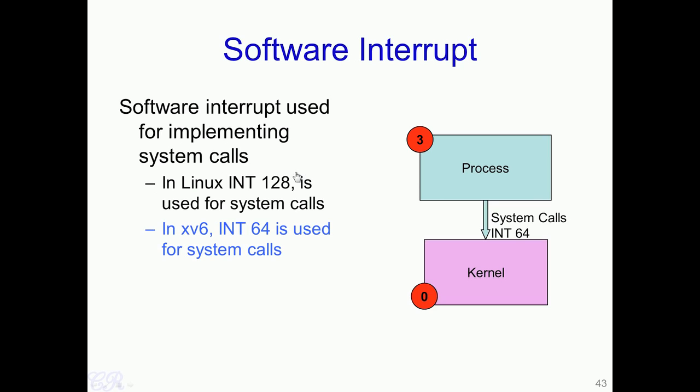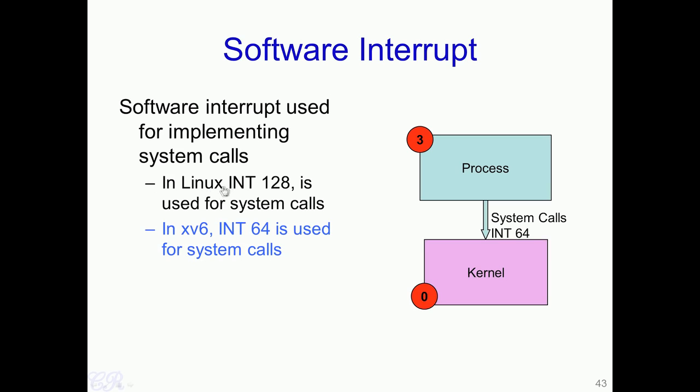More specifically, all operating systems implement system calls through one particular software interrupt. For example, in the Linux operating system, the software interrupt 128 is used to specify system calls.